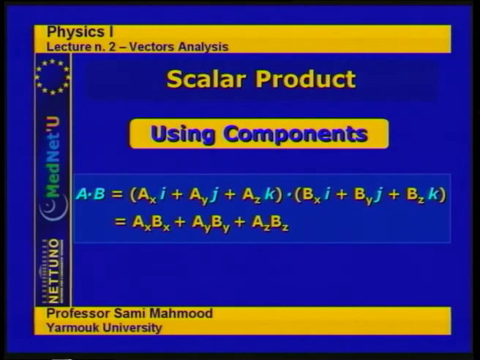Using the definition of the dot product of two unit vectors that was just mentioned, we conclude that this dot product in the component form is equal to AX BX plus AY BY plus AZ BZ, which is a scalar quantity.